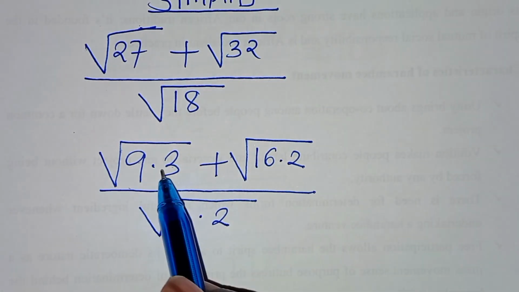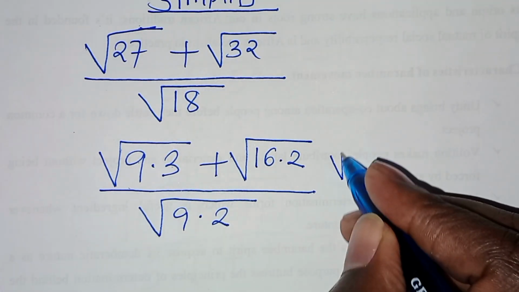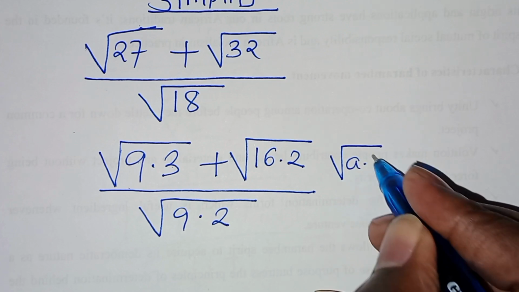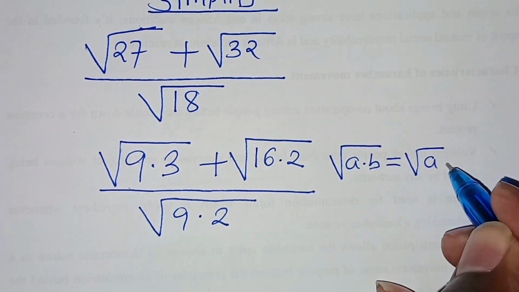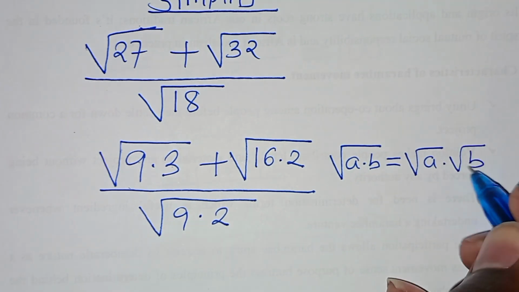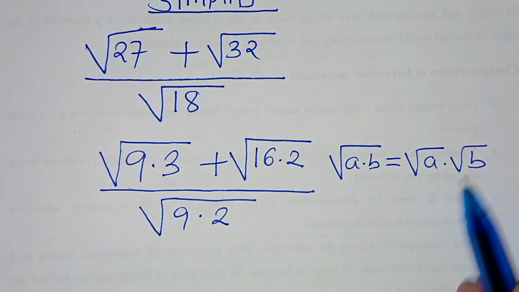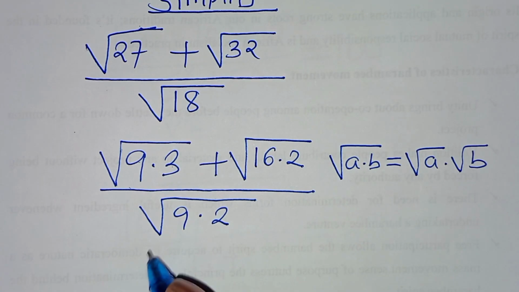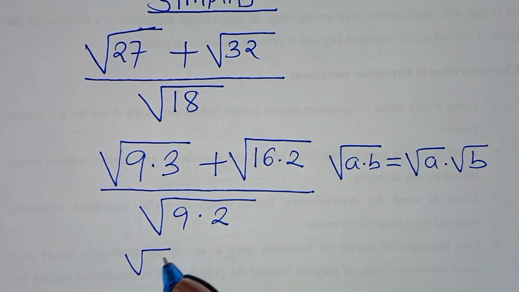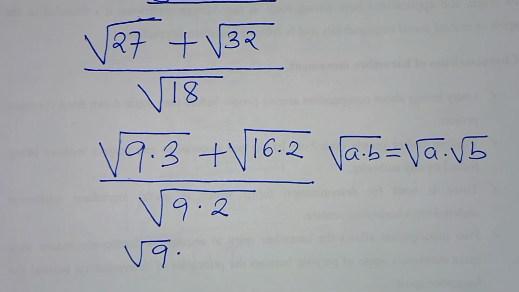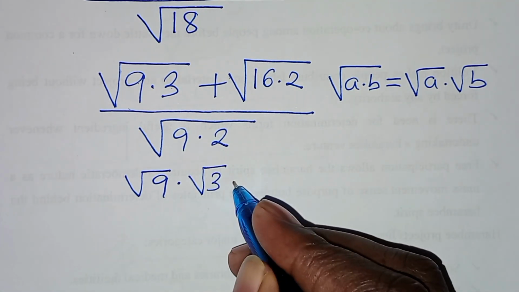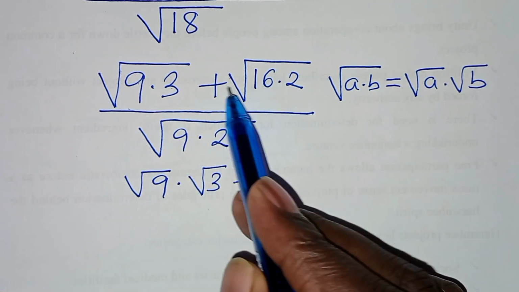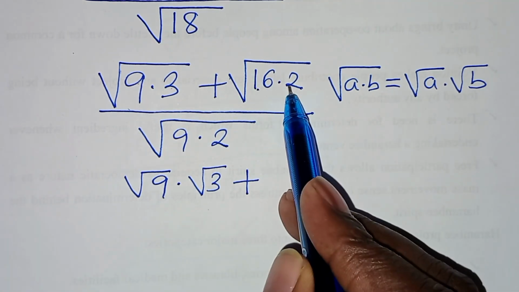So the square root of 9 times 3 is in the form of the square root of a times b, which we can express as the square root of a times the square root of b. Applying this property, this can be expressed as the square root of 9 multiplied by the square root of 3, plus the square root of 16 times 2.